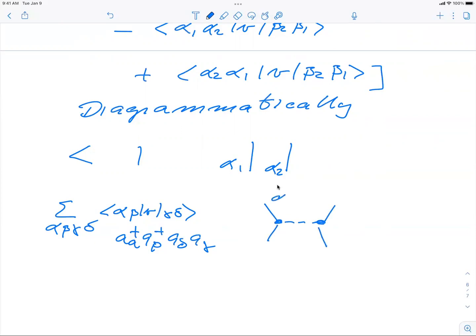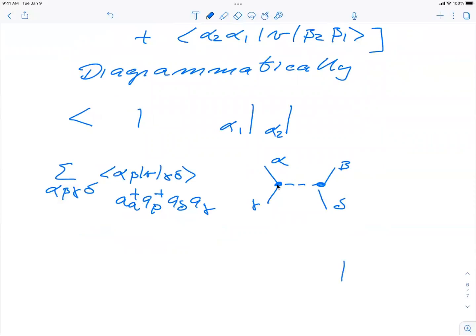So we put labels on the different states, and then we have a gamma and a delta. And now we perform contractions. So we also have to multiply it with the state here, which is now the incoming state, where we have a beta 1 and a beta 2 here.